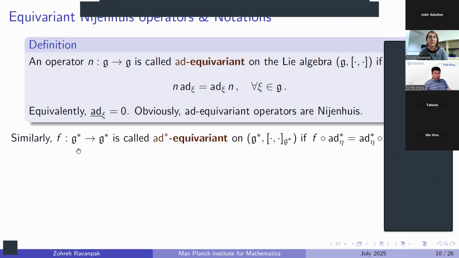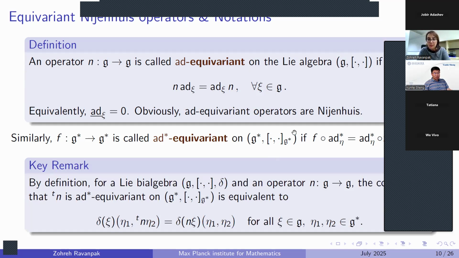We can similarly define such an ad star equivariant operator on G star, but we should be careful because this ad star is not the coadjoint representation, it's the adjoint representation associated with this Lie algebra on the dual space.